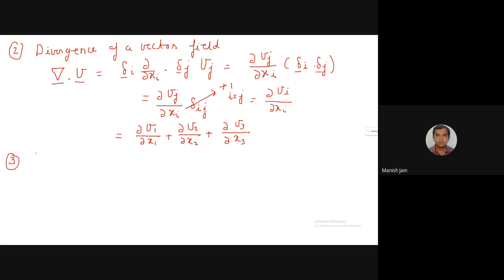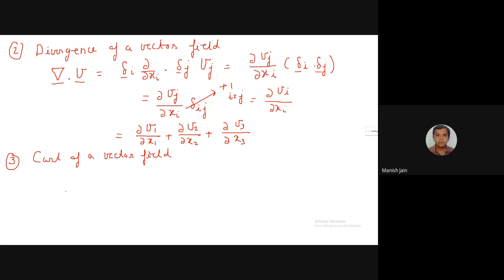Now third is the curl of a vector field. Curl is a cross product between the del operator and a vector quantity.